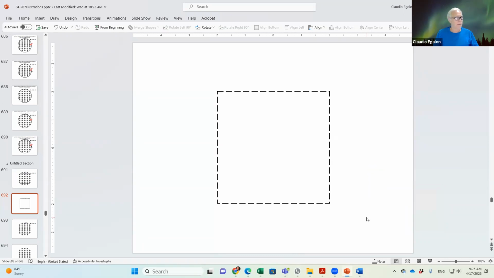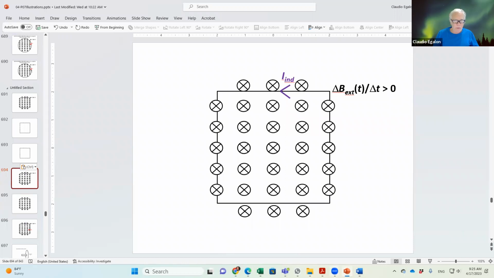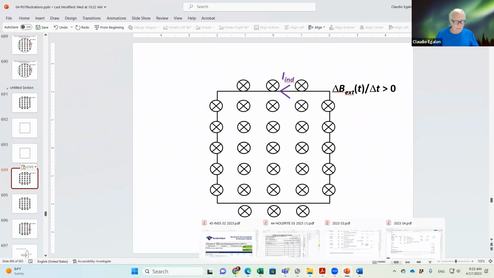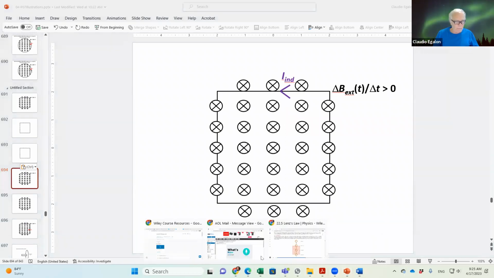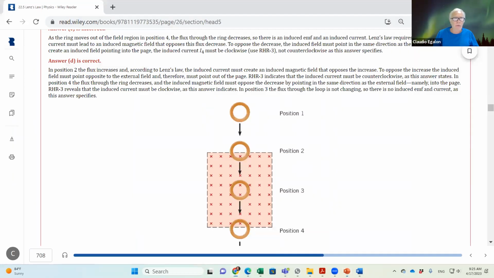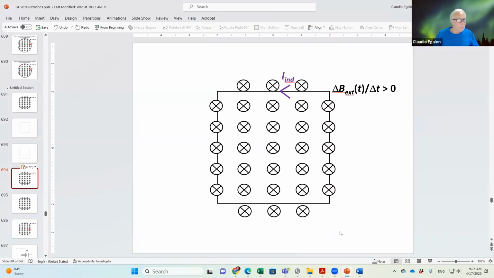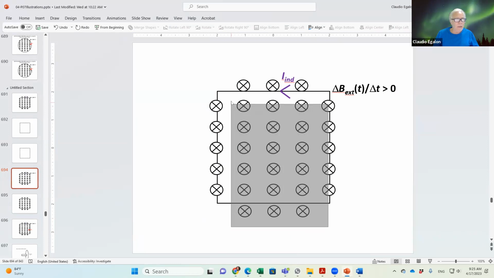I'm going to put a magnetic field in this region. I'm going to do just like the book has it, into the board. So I'm going to copy that.